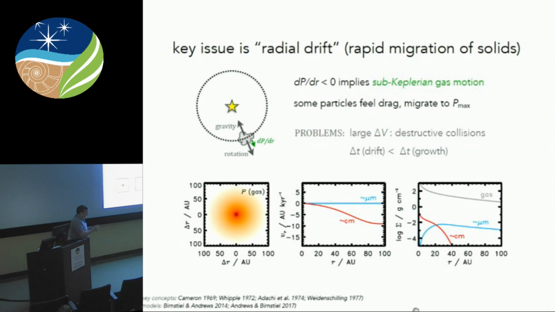The bigger problem in the context of planetesimal formation is that the drift timescale, the timescale for a particle to move away from its current location, is much shorter than the timescale for a collision to potentially grow. So once a particle decouples from the gas, it moves away before it can actually grow, and growth is effectively halted at that location to larger sizes. So there's a maximum size at a given location and time that's dictated by whether or not that particle is drifting.